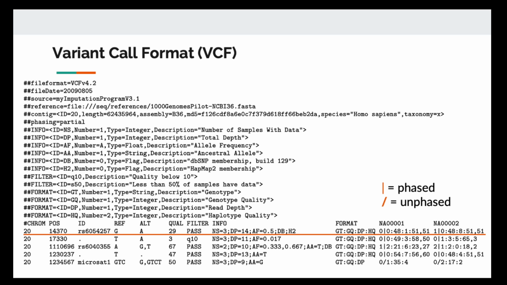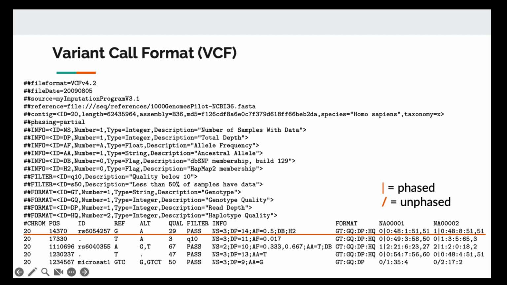So once we call the variants, either germline or somatic, the output files that you will get are called VCF, or variant call format. Bioinformatics file names are always simple. This file might look intimidating again. The data are split into two parts.